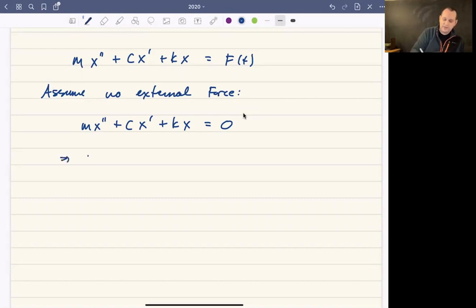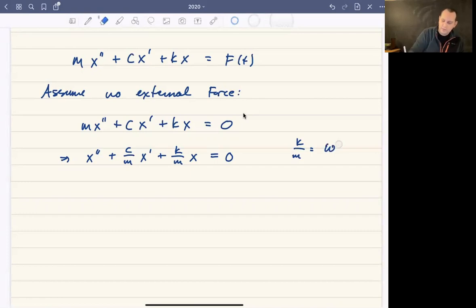So this tells us that we have x double prime plus c over m x prime plus k over m x equals 0. And then each of these actually have names. So we're going to let k over m be omega squared. So that's an omega, not a w. That's an omega squared.